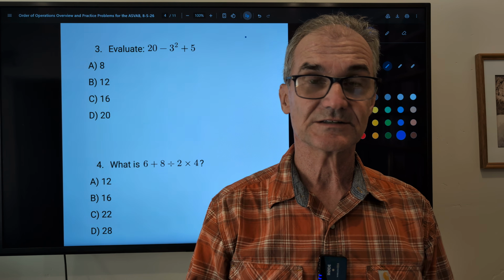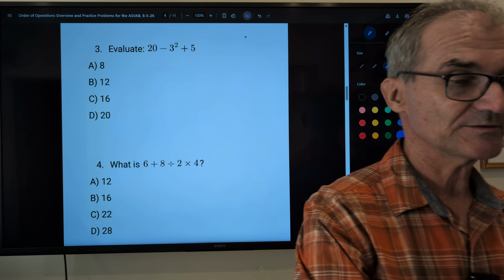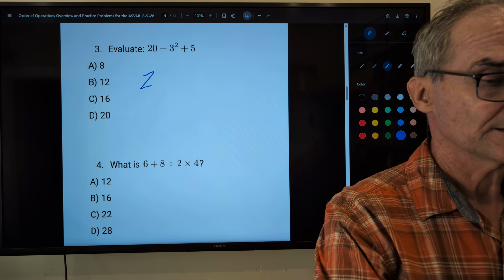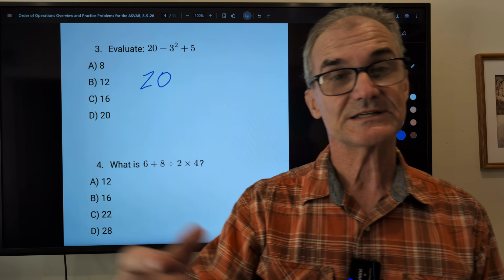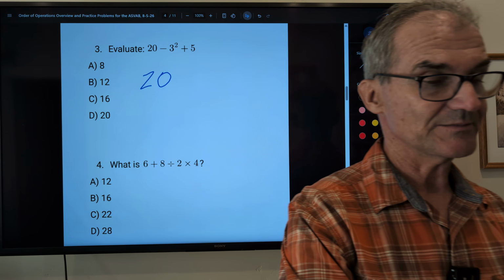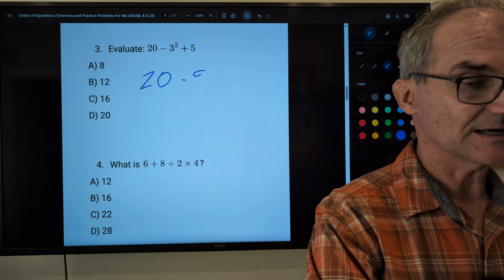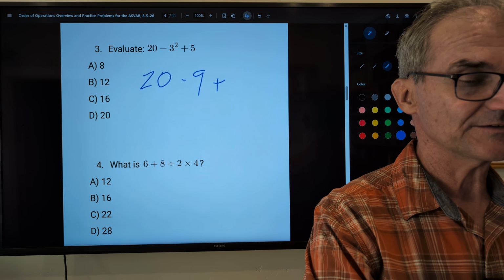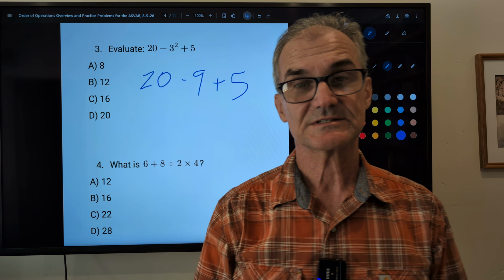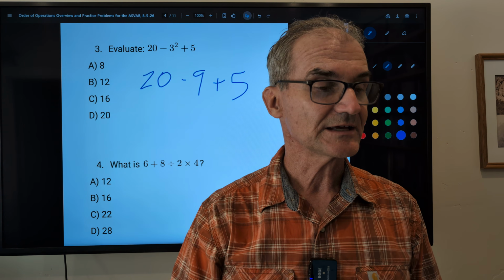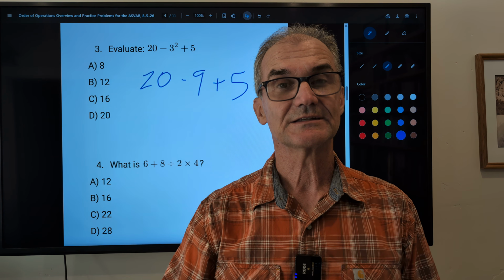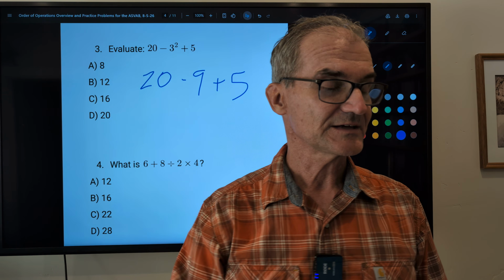No parentheses in this one, but I do have exponents. I can do that first. 20 minus 3 squared, so I still have that minus. 3 squared is 3 times itself, 9. 20 minus 9 plus 5. Only addition and subtraction, working left to right. 20 minus 9 is 11. 11 plus 5 is 16.